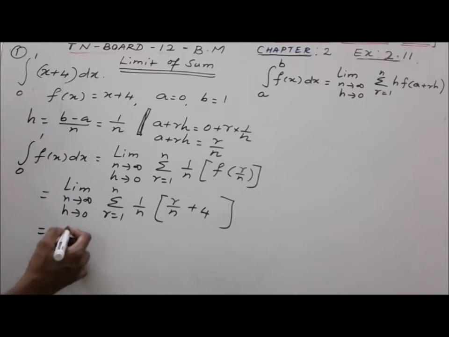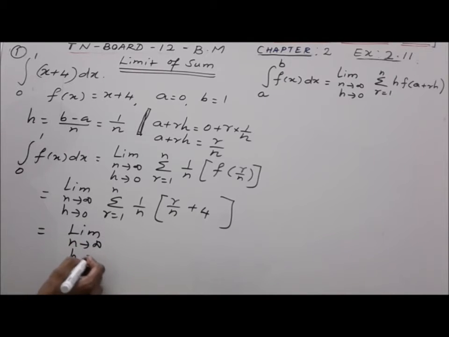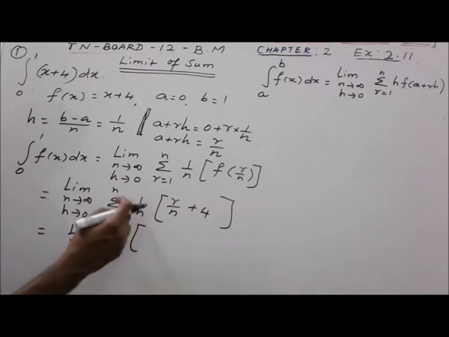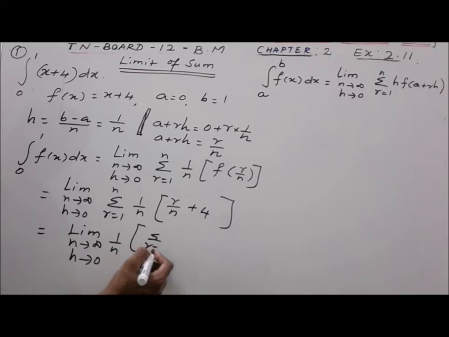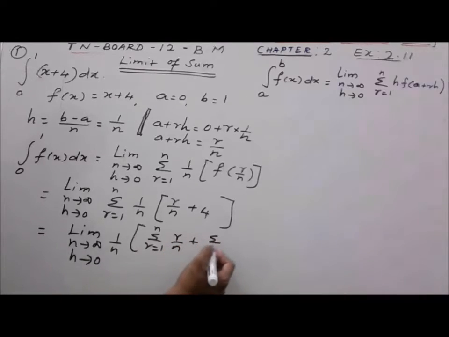equal to 1 by n, limit n tend to infinity h tend to 0, 1 by n into multiplying sum inside, sum of r equal to 1 to n r by n plus sum of r equal to 1 to n 4.